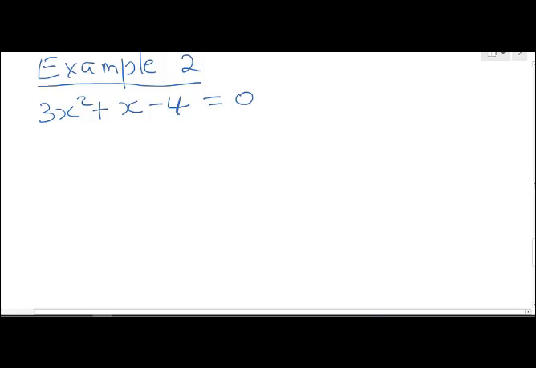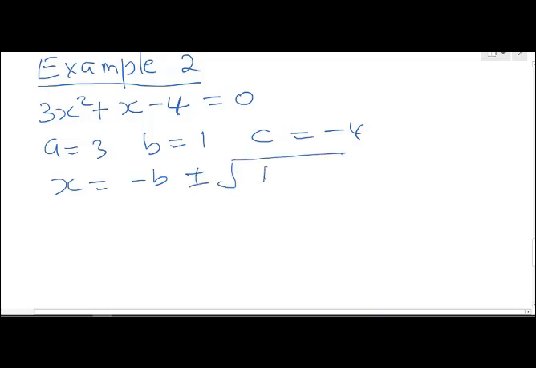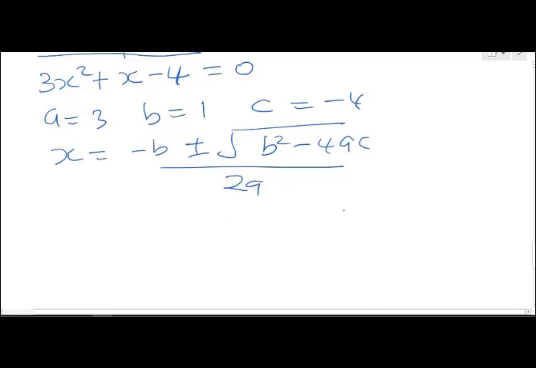In our second example, we have 3x squared plus x minus 4 is equal to 0. Here, we learn the following, that our a is equal to 3, our b is equal to 1, and our c is equal to minus 4. Therefore, in the formula, x is equal to minus b plus or minus square root of b squared minus 4ac, everything over 2a.